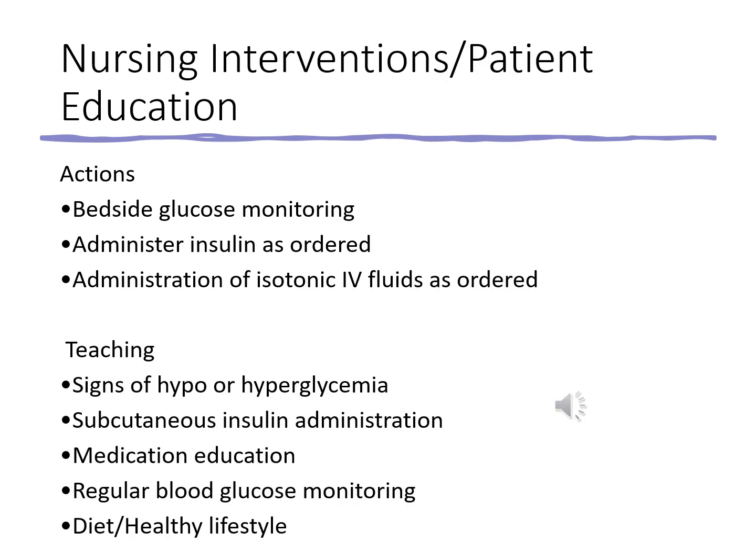So when we look at our nursing interventions, this is a little more difficult to discuss because it's going to be very hospital dependent. They're going to have a plan of how they want you to treat the DKA or your hyperglycemia. So follow your hospital protocol, but it always does involve glucose monitoring. Usually it's every hour.